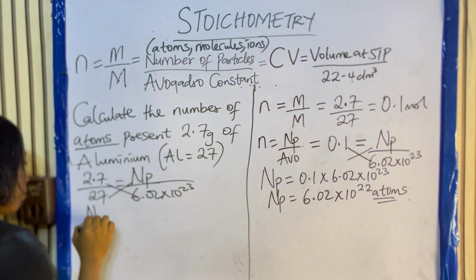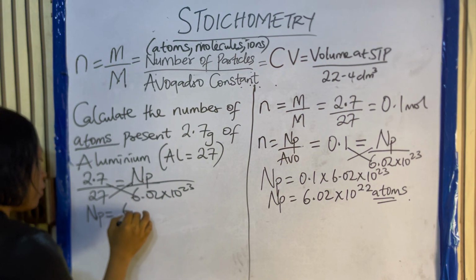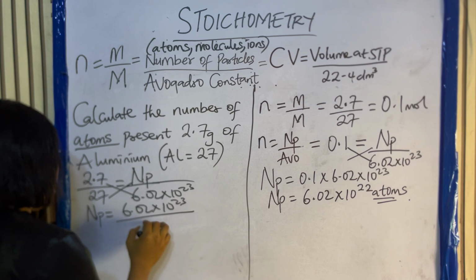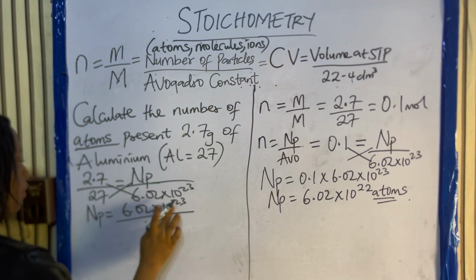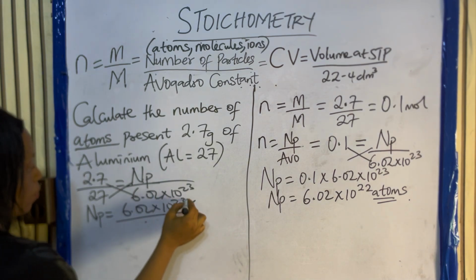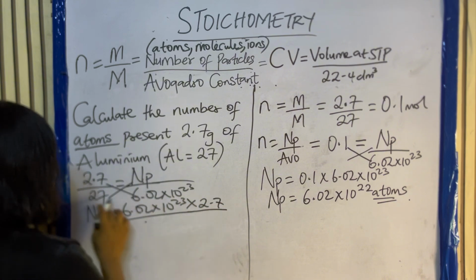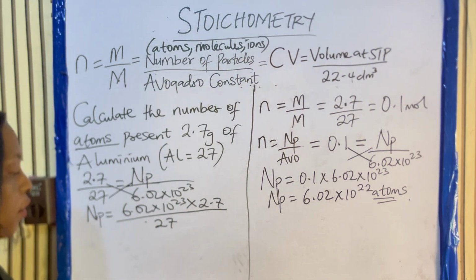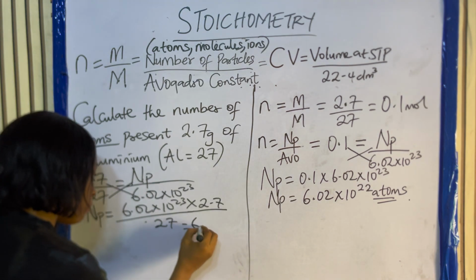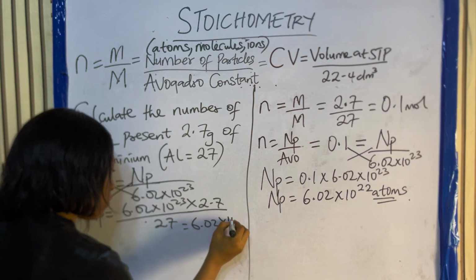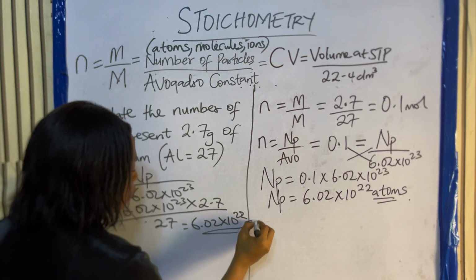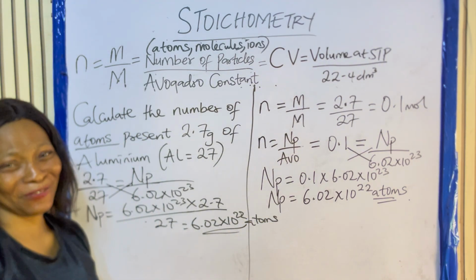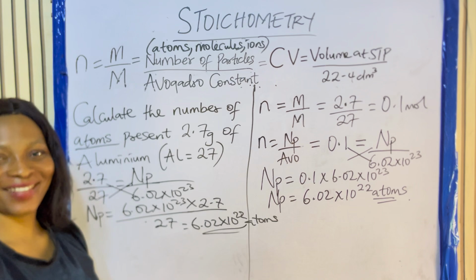You have that number of particles is equal to 6.02 times 10 raised to power 23 times 2.7, all over 27. Now, if you do your solving here, you're going to arrive at 6.02 times 10 raised to power 22 atoms. So which process is easier for you? I'd like to know in the comment section.